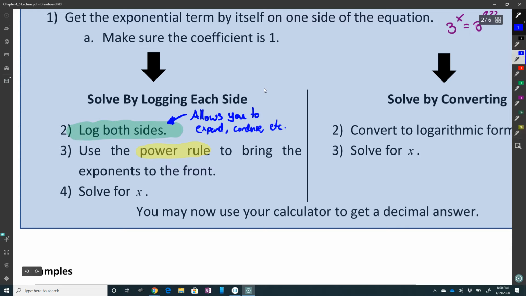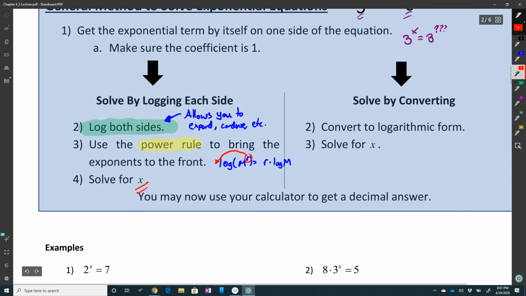Remember, the power rule says that log of m to the r, the r comes to the front. And then you solve for x.